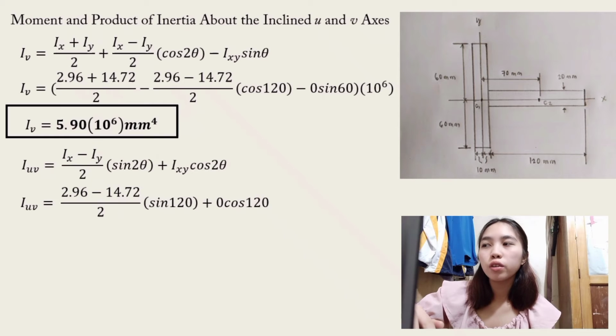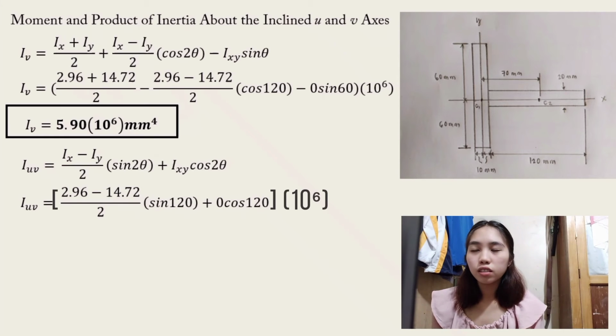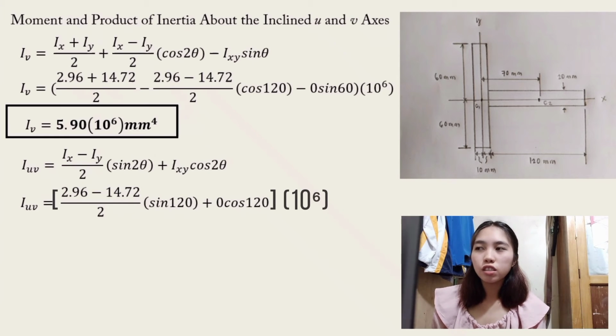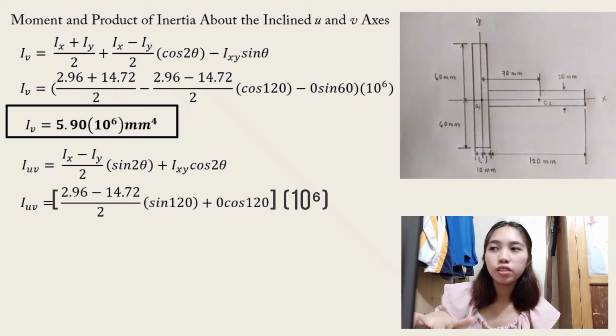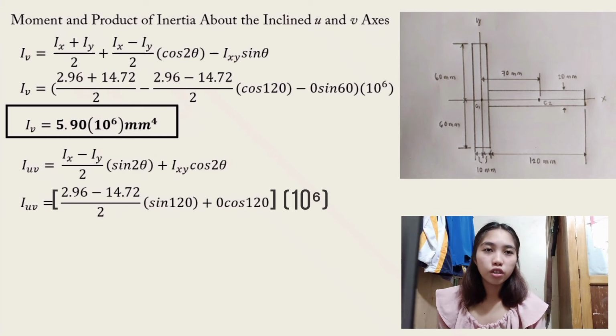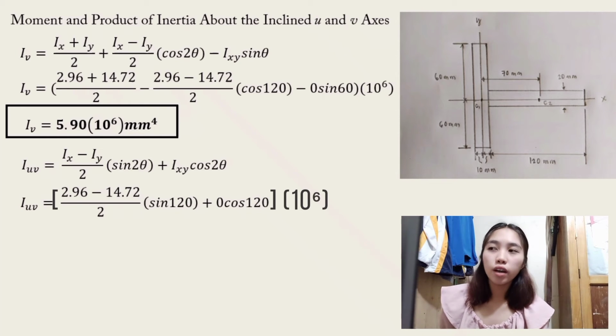If we are going to combine both axes, the product of inertia of uv is equal to I of x minus I of y over 2 times sine 2 theta plus I of xy cosine 2 theta. Again, we just have to input the given data which came from the x-axis and the y-axis, over 2 times sine 120 because theta is 60.